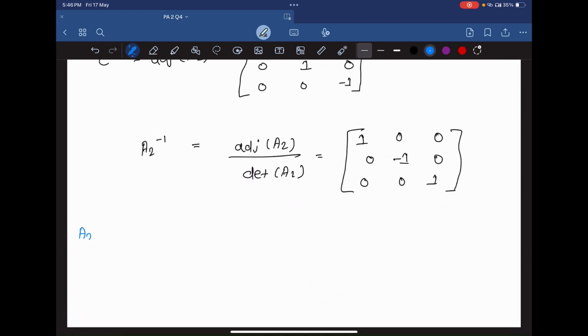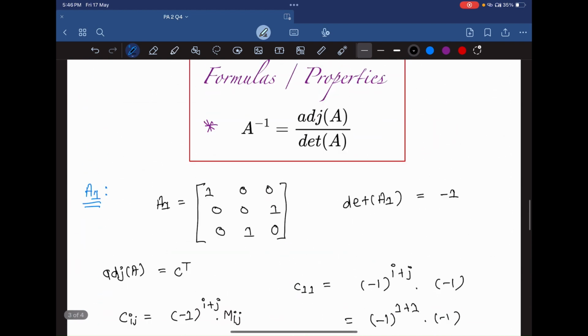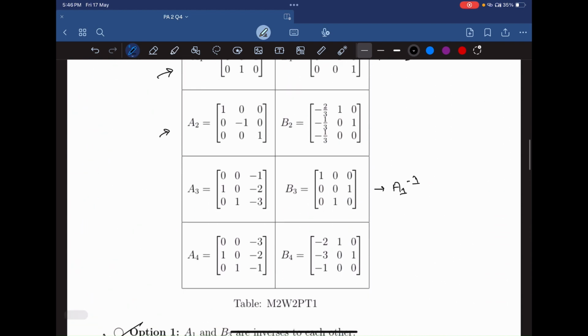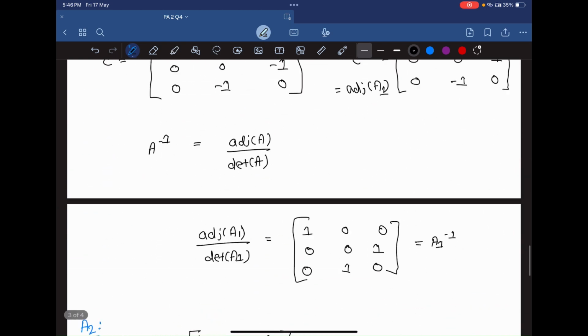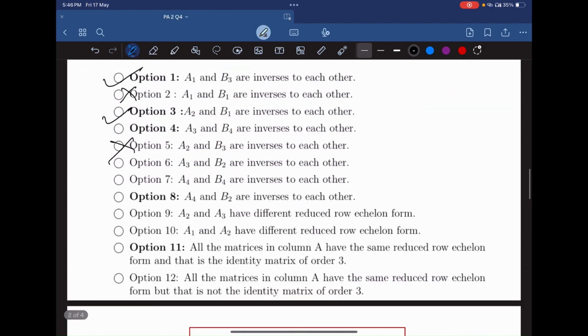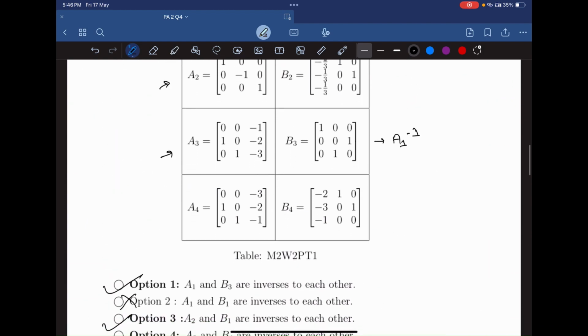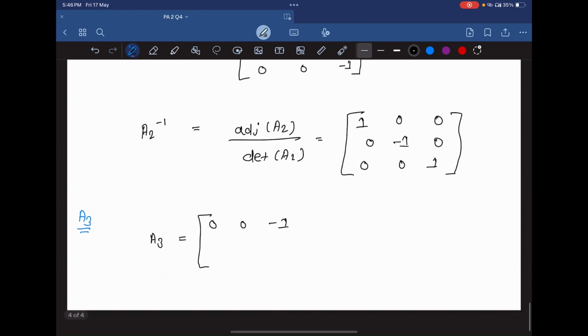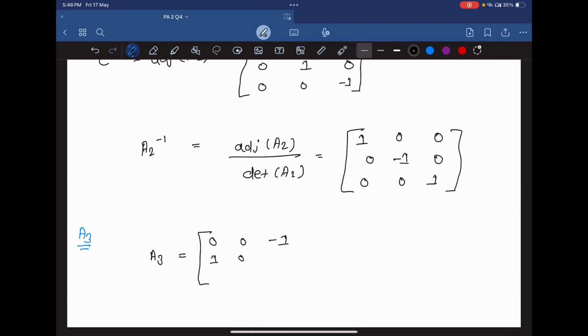Now let's try calculating A3 inverse. So our matrix A3 is this matrix: 0, 0, minus 1, 1, 0, minus 2, 0, 1, minus 3.